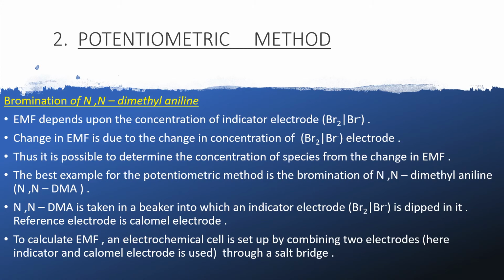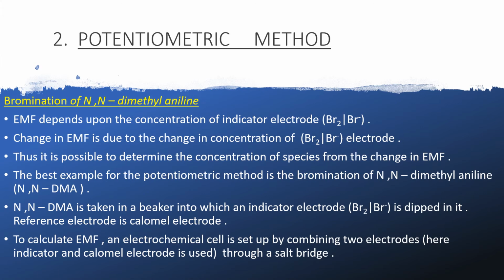The next method is the potentiometric method. So in the previous method, that is the spectrophotometric method, absorbance depends upon the concentration. But here EMF depends upon the concentration. So you are taking the best example for the potentiometric method as bromination of N,N-dimethyl aniline. Before that, let us see some important points.